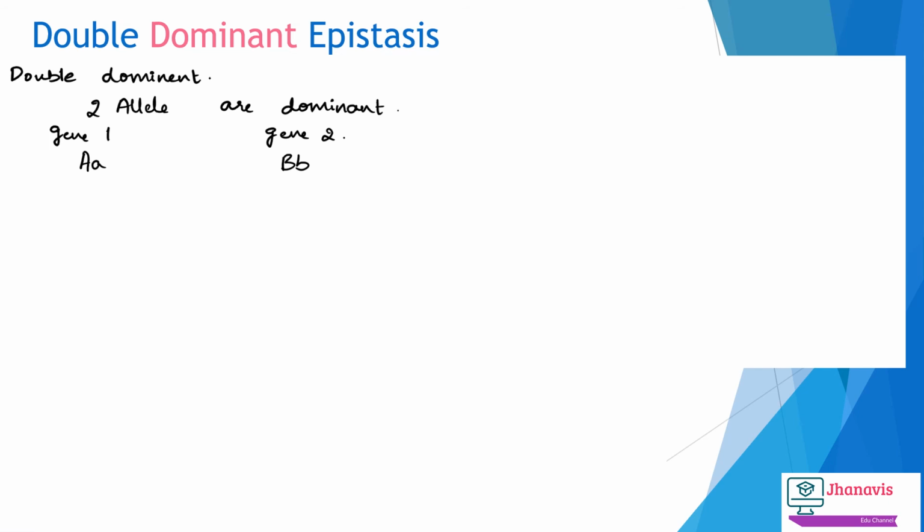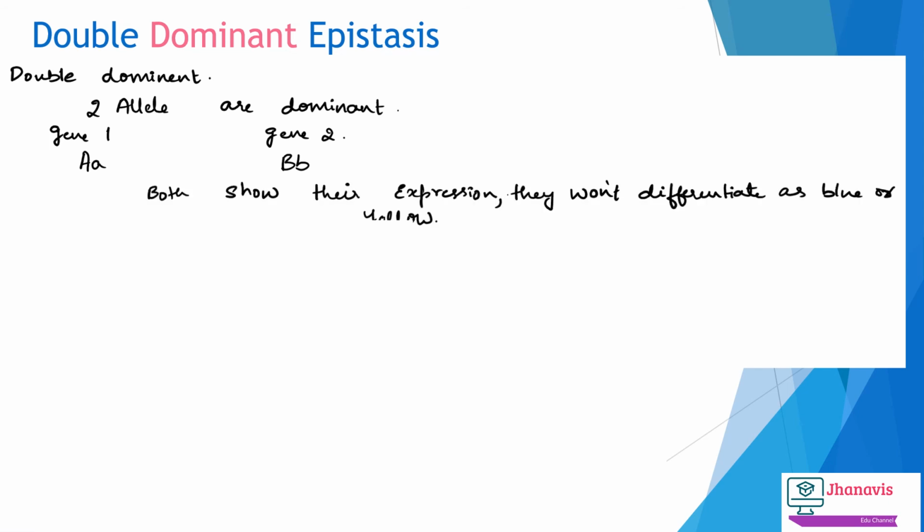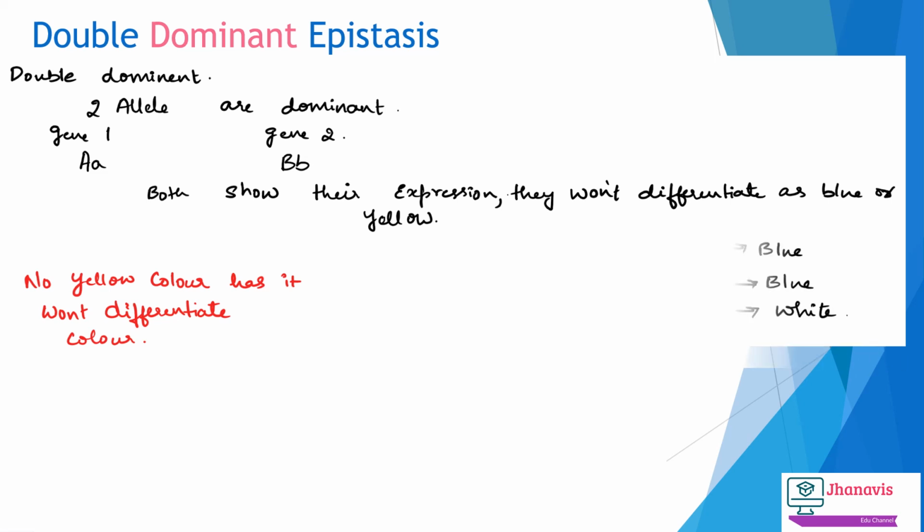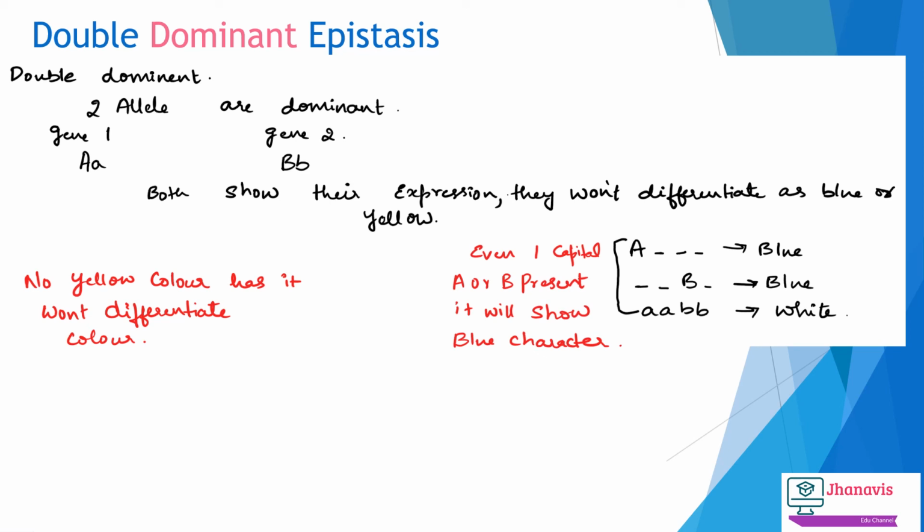The pigmentation will be either blue color or the flowers will be simply white color, because here it won't differentiate as yellow or blue. That is why only one allele will express its character. If capital A is present, whatever the other three allelic forms, it won't matter.